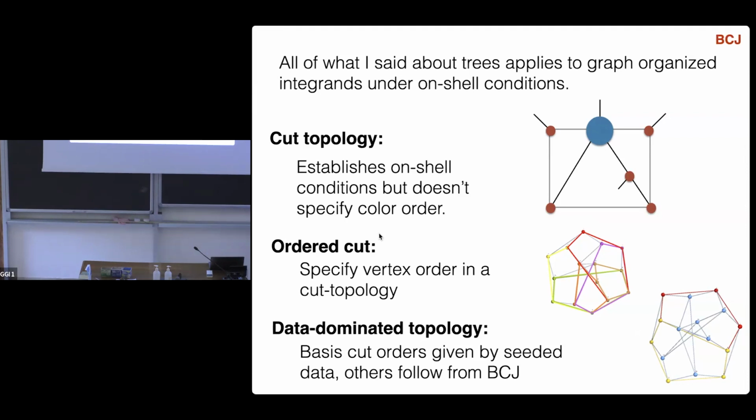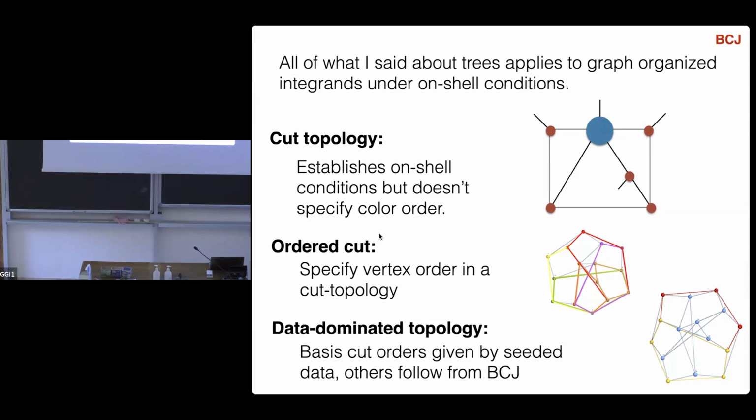If the ordering is as drawn, then I've got 5 particular cubic graphs that can contribute to this, right? But if I give it a color dressed cut, I could have 15 graphs, or the ordering could be different. I could have a different 5 graphs, right? So by an ordered cut, I'm specifying the order of every amplitude that's contributing to my cut topology.